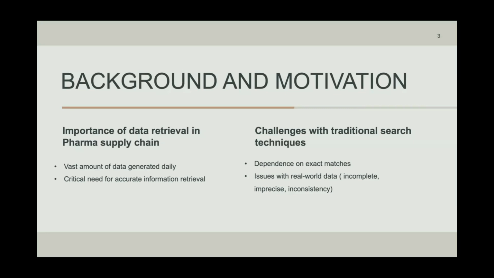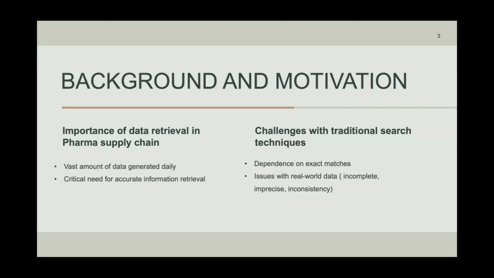One relevant point for the pharmaceutical industry is that it can greatly improve the accuracy and efficiency of searches with large data sets, which is pretty common. It not only streamlines operations, but also contributes to better data management practices and improves the decision-making process.